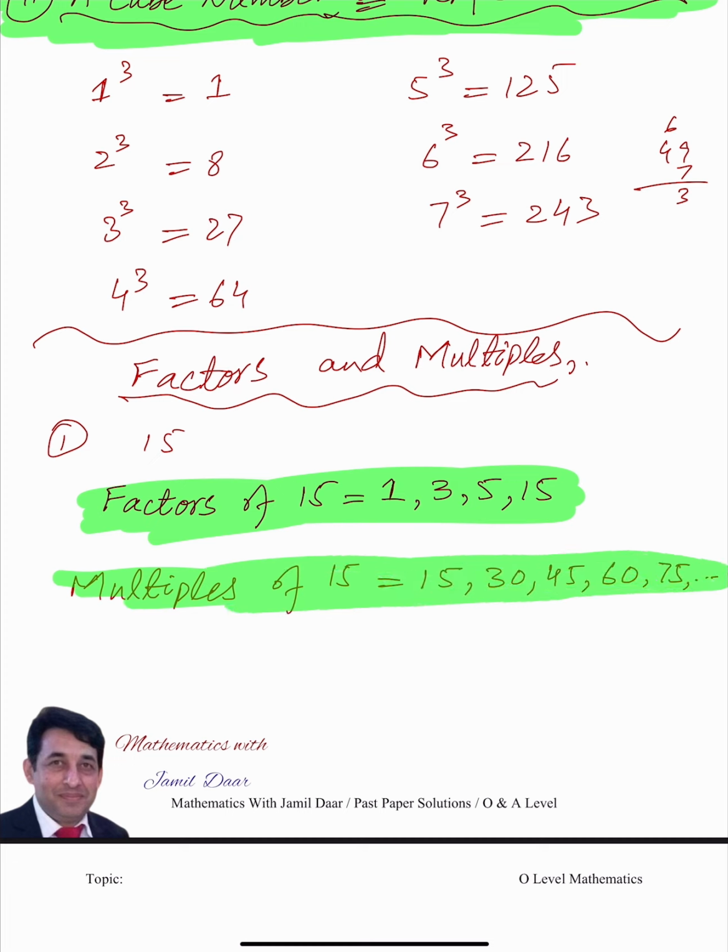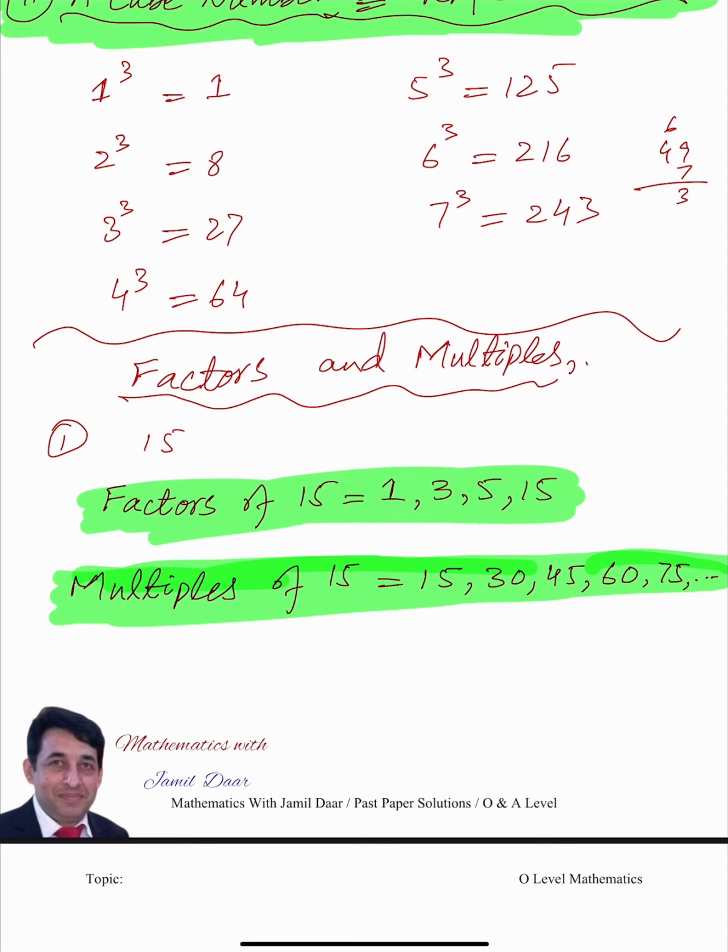Hope you have understood. If you don't understand something, you can talk to me in the comment section. I'm going to repeat it again. 1 divides 15, 3 divides 15, 5 divides 15, 15 divides 15. So all these are called the factors of 15.